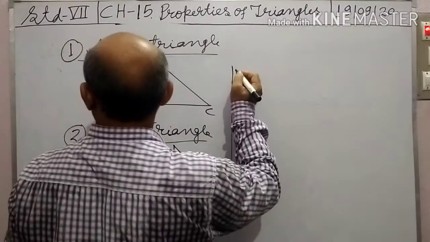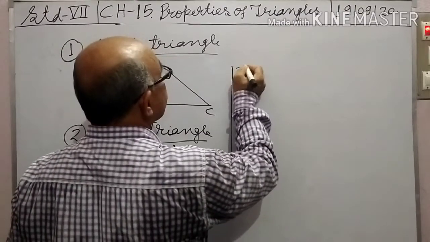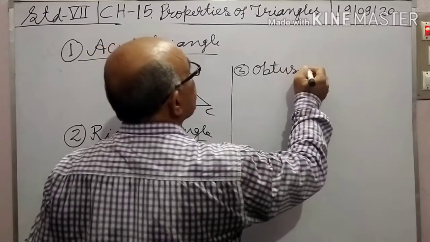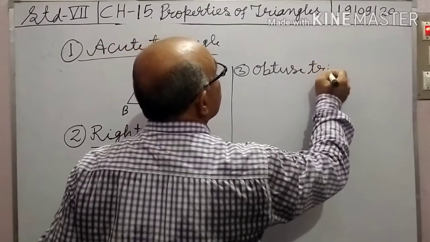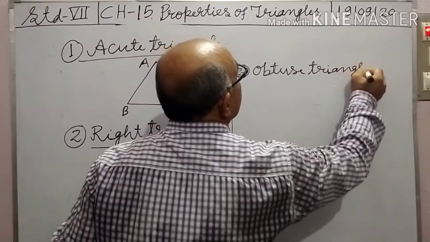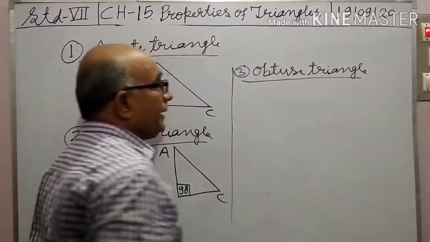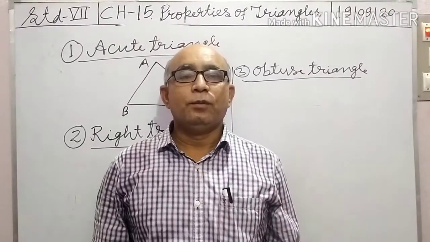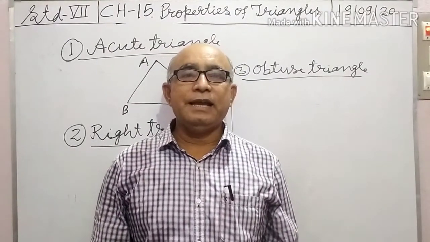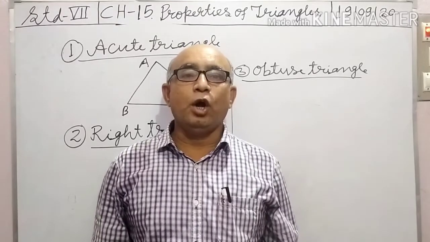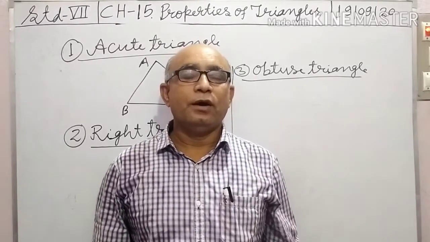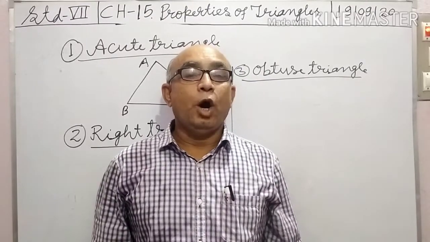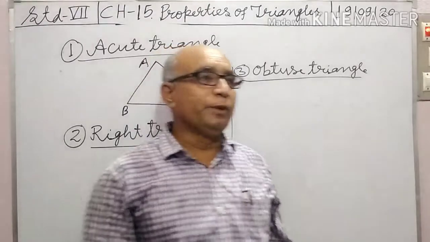And third is obtuse triangle. A triangle in which one angle is more than 90 degrees and less than 180 degrees is called an obtuse triangle, or a triangle in which one angle is obtuse is called an obtuse triangle.